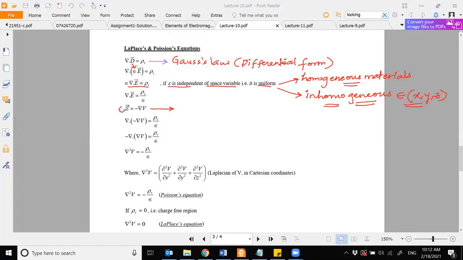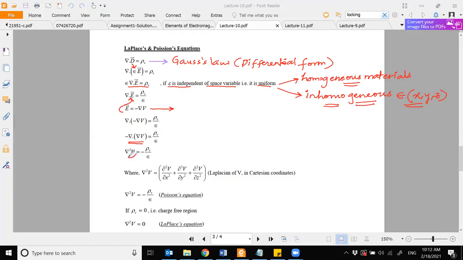Putting this expression here, del dot minus del V is equal to rho v over epsilon, or taking the minus outside, del dot del V is equal to minus rho v over epsilon. From the identity, del dot del V is del square V, so del square V is equal to minus rho v over epsilon.